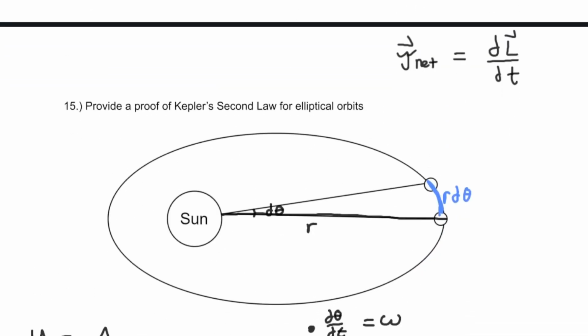And for this, I think it's most straightforward just to look at the fact that if we have our planet and we have our central star, just due to how gravity works, gravity is always going to act on the line connecting the two planets. So that's going to be F. And then R is also going to be along that line.